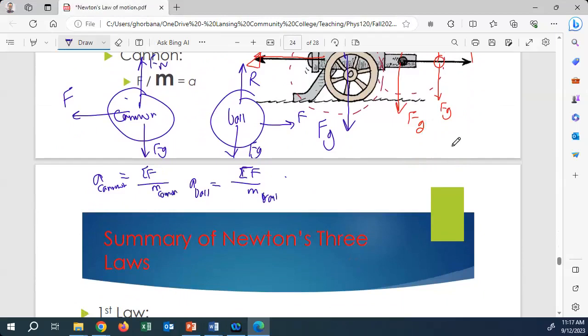Good. The net forces. We don't care about the vertical forces, because they are canceling each other. We are analyzing acceleration in the horizontal. So what force is exerted on the cannonball?